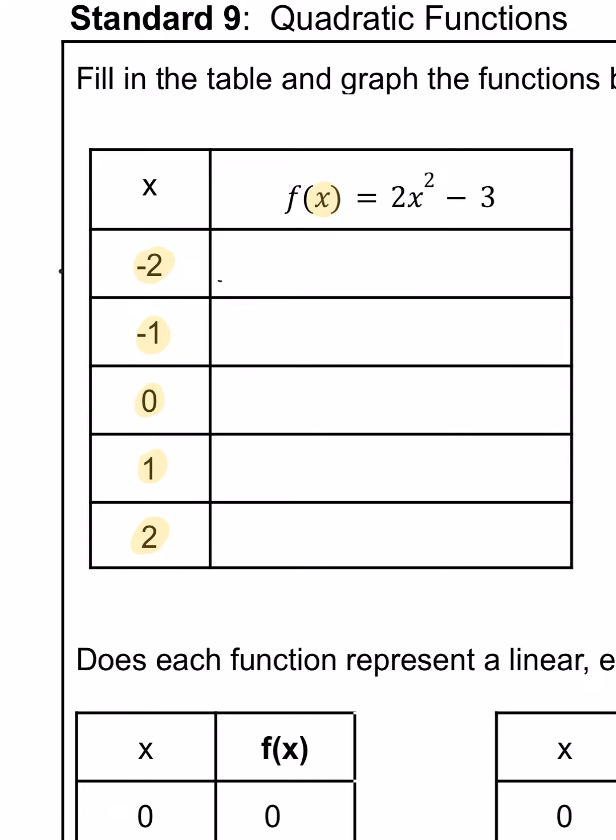I'm going to say the function of -2 equals. Wherever we see an x, we want to put in -2. We have 2 times (-2) squared minus 3. -2 squared is 4, so we have 2 multiplied by 4 minus 3.